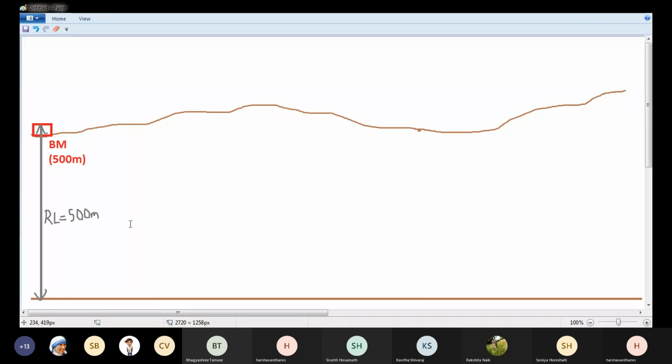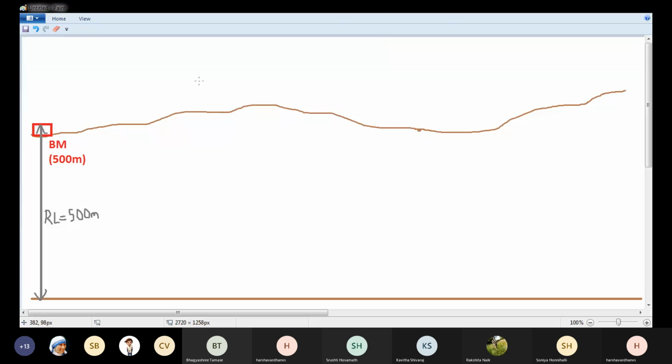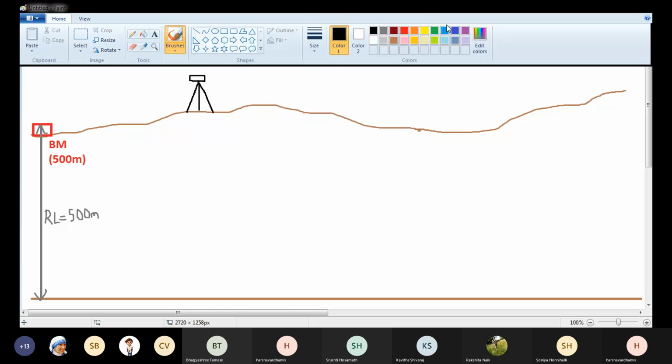All leveling surveys start by taking a staff reading on the benchmark. Let's say I have the instrument here, and I have leveled the instrument.